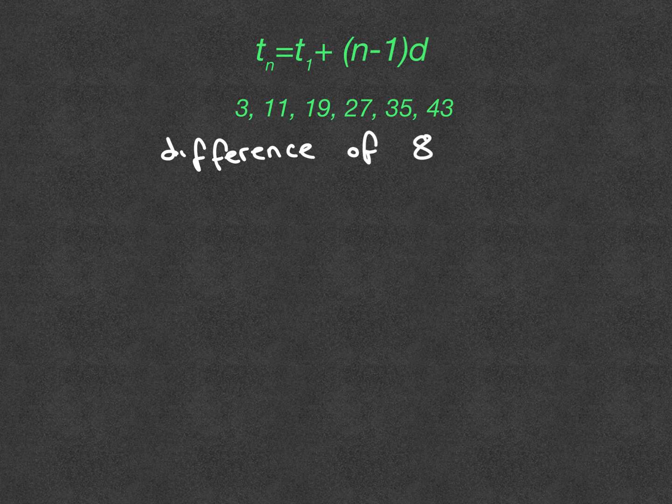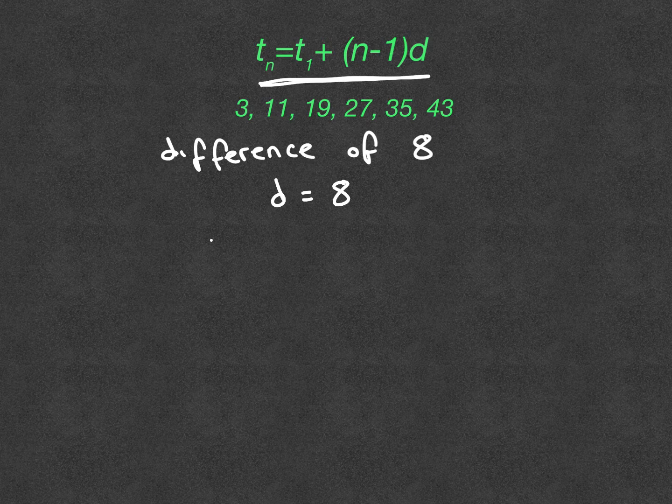So this is what we call the common difference within the sequence, a difference of 8. Now if we wanted to write an equation to describe the entire sequence, we've just identified that the common difference is 8. So that's what our d in our equation is going to be. We're going to put it into an equation like the above and use this to describe our sequence.